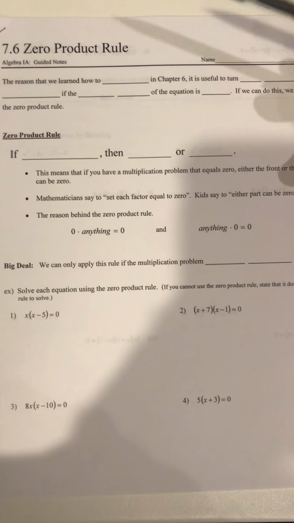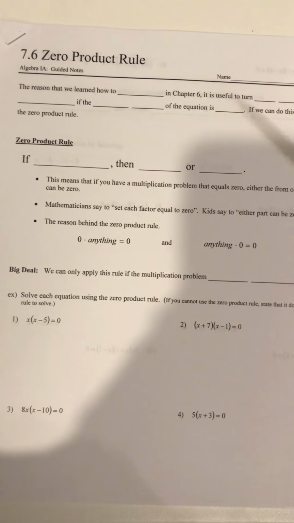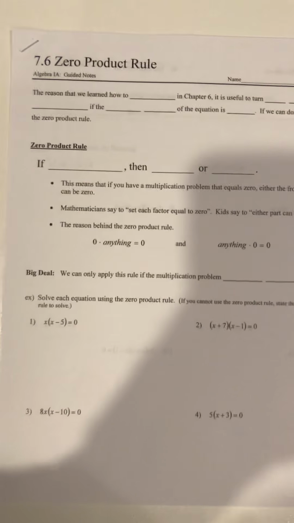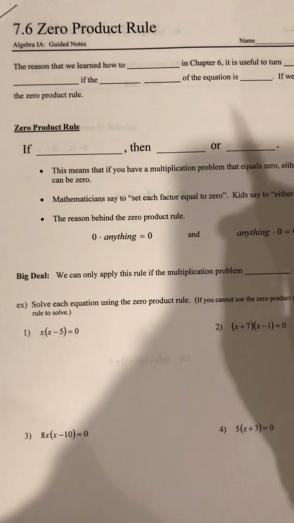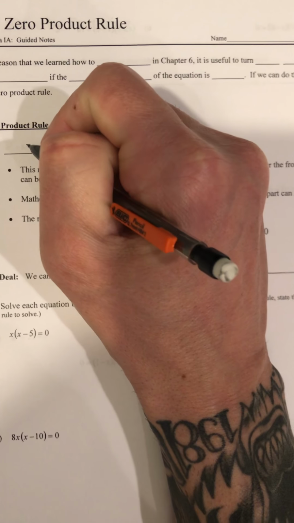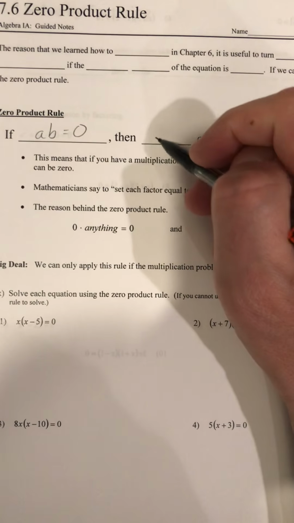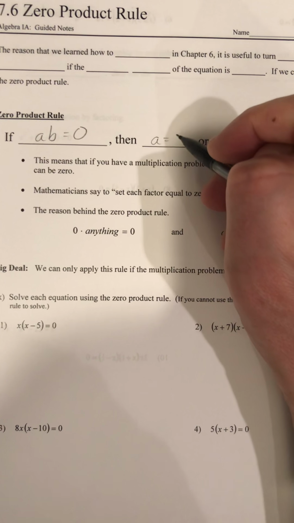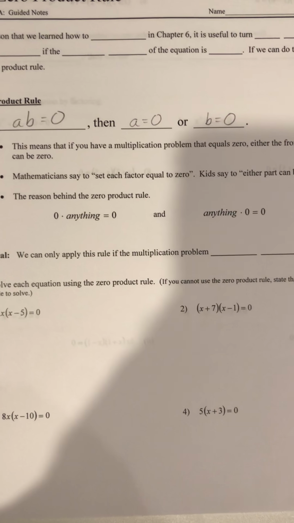All right, I'm going to skip over some stuff that we can hopefully eliminate just to help you guys go a little quicker, and I'll focus on the main concepts. The zero product rule states in a textbook that if you have A times B equals 0, then either A is allowed to equal 0 or B is allowed to equal 0.